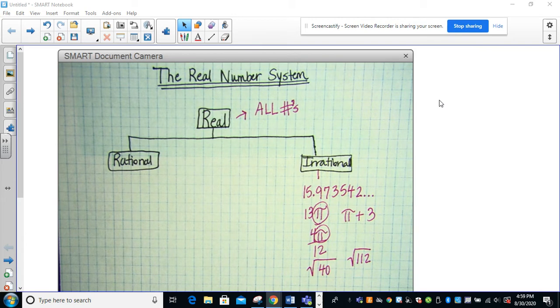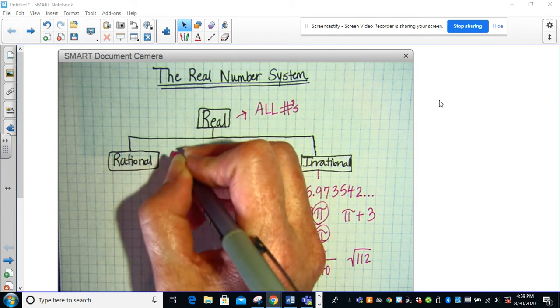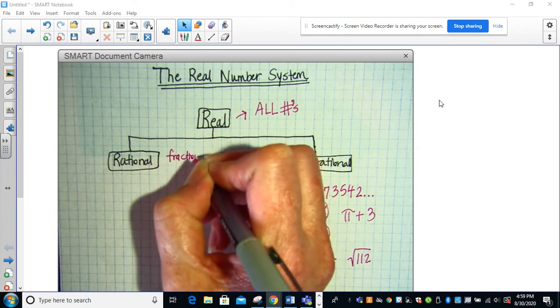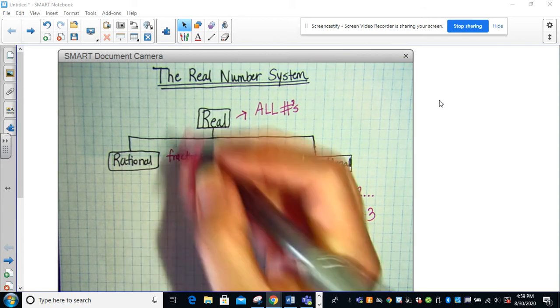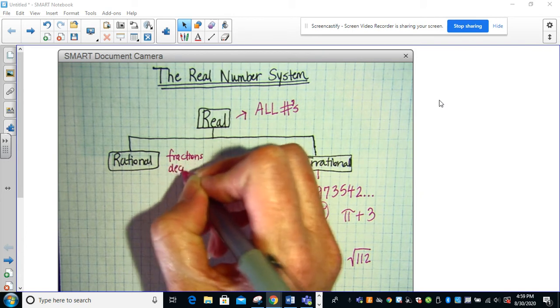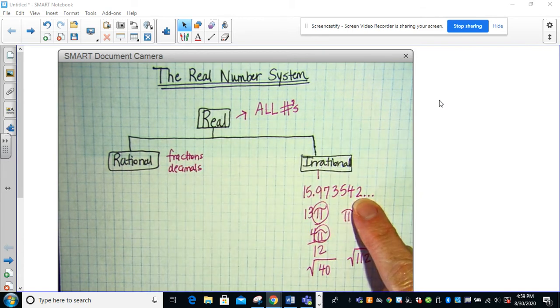So then that means everything else is rational. So the first thing we're going to do, like fractions. Fractions are your most common. Anytime you can write a number as a fraction, it's rational. Fractions or decimals that are not like this.